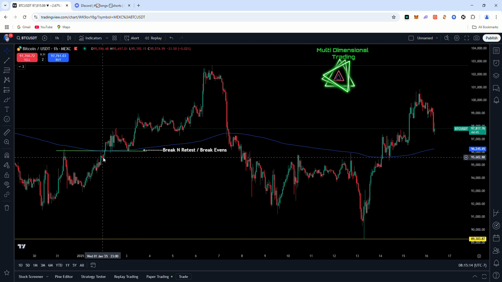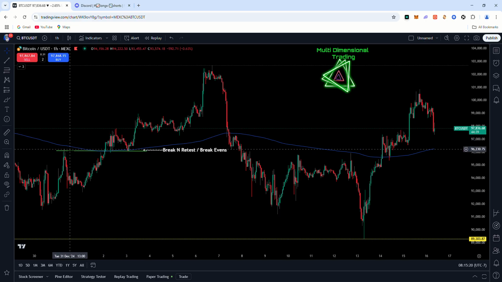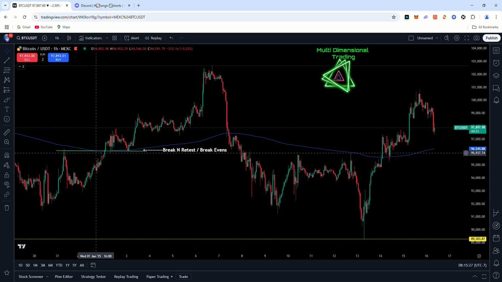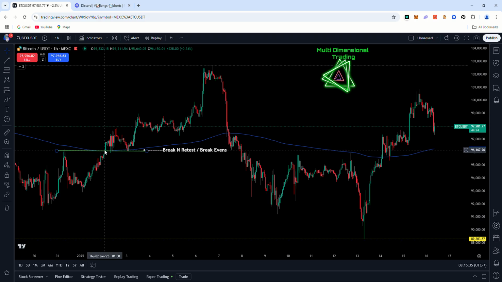So basically, when the chart or price breaks above a high, somebody's getting hurt. That's usually the people who went short at this high. They thought they were going to get a double top here. They did not get a double top. Price broke through that level. Everybody who tried to sell contracts there did not succeed.